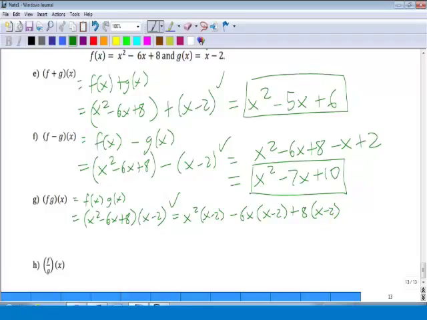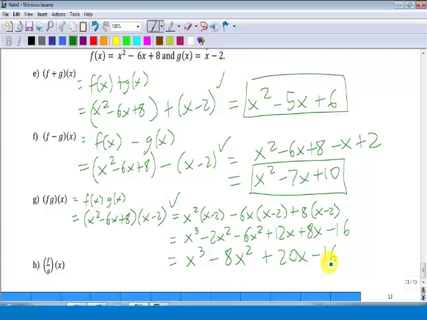So we're basically applying the distributive property here. Keep applying the distributive property. X cubed minus 2x squared minus 6x squared plus 12x plus 8x minus 16. And then it's x cubed minus 8x squared plus 20x minus 16.